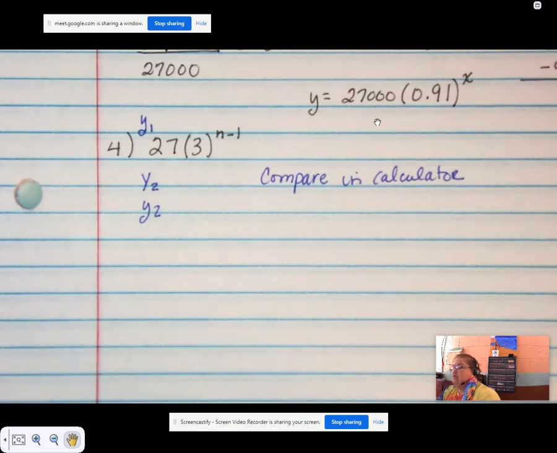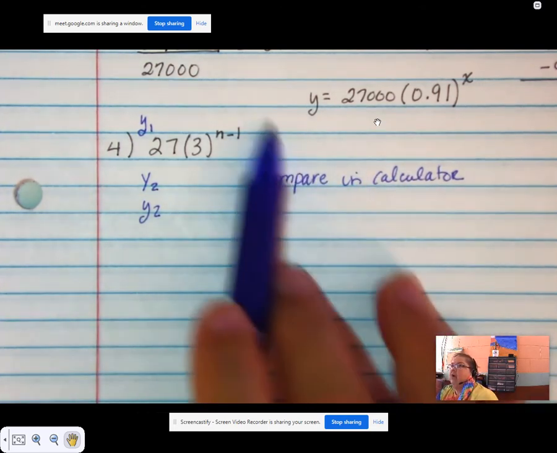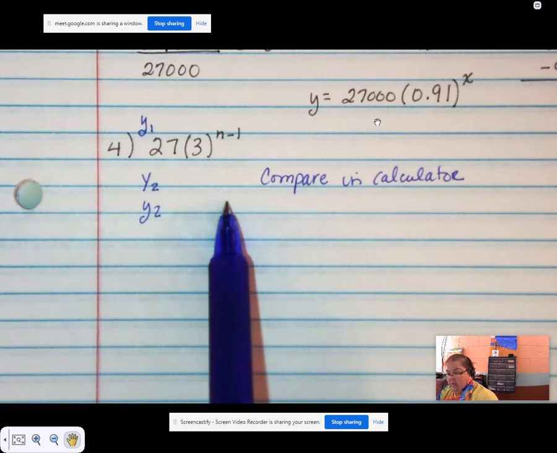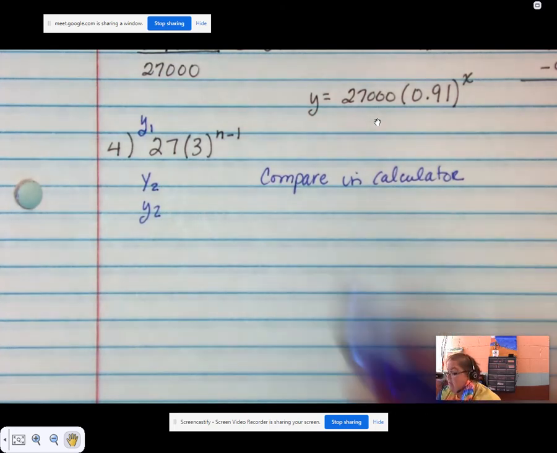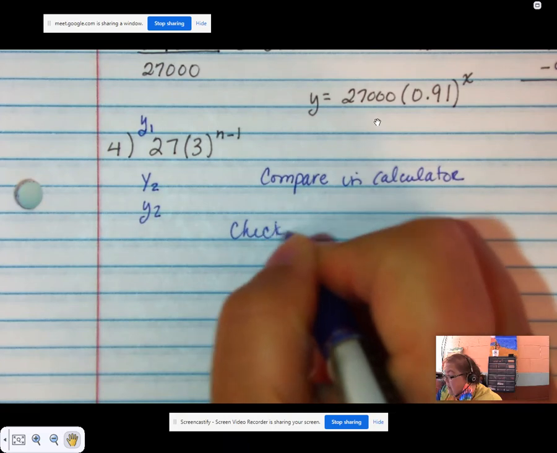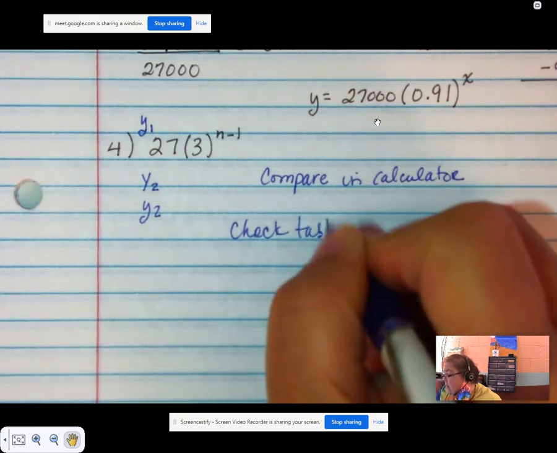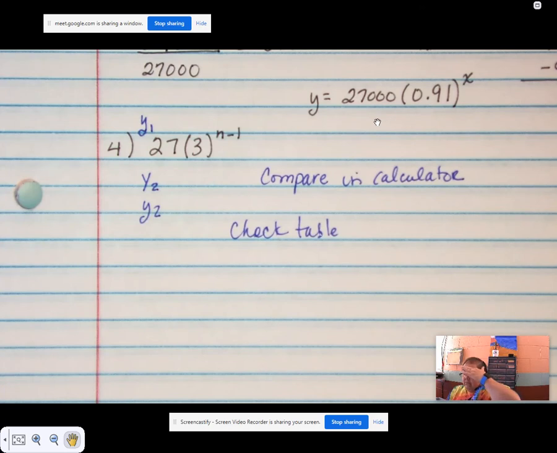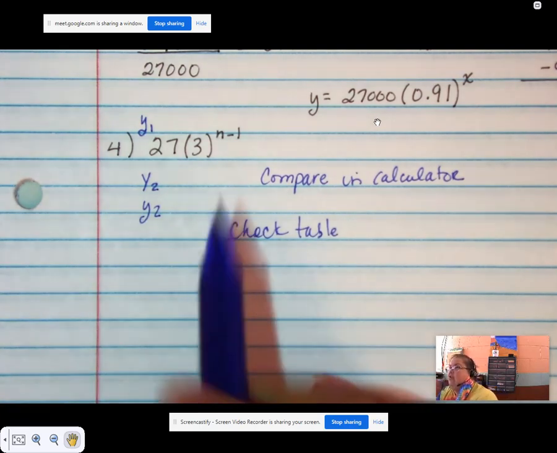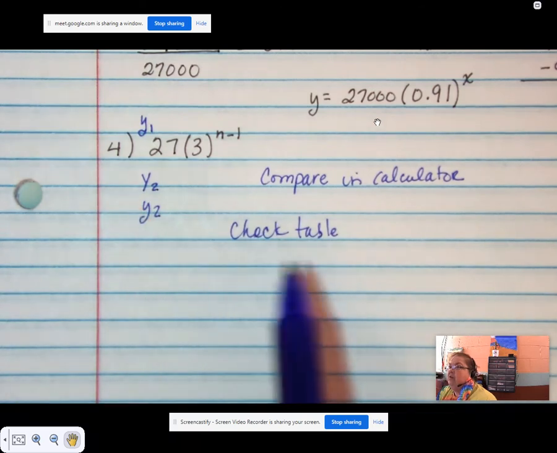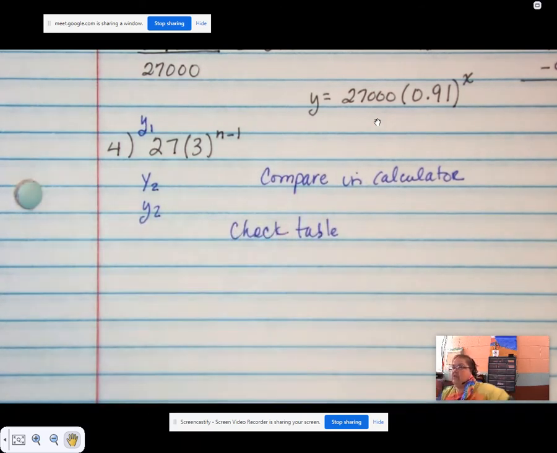Okay? So this is what I need you to write down, this right here. Write down what I'm writing down. Okay? And check the table, just like we did the other day, to see which ones are equal. And you'll be able to find those. Okay? Now, the next part is more practice of what we have just done. You will type those in, and tomorrow when you come in, if you want to type those into your calculator for a few minutes just to make sure, then you can do that.